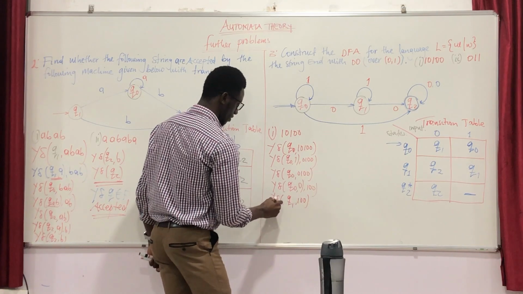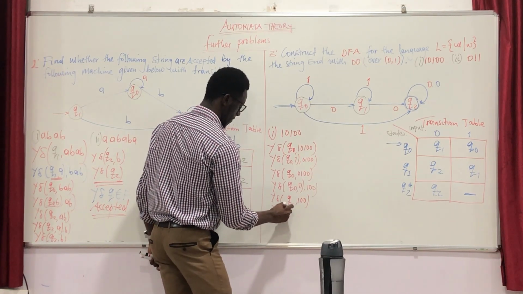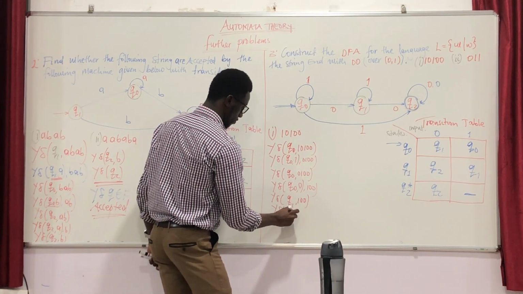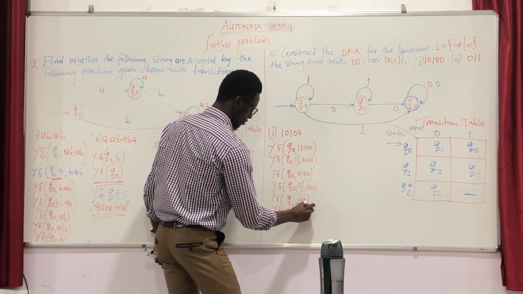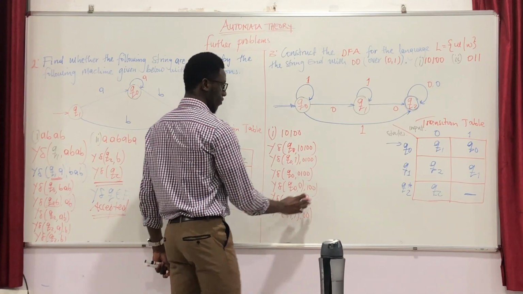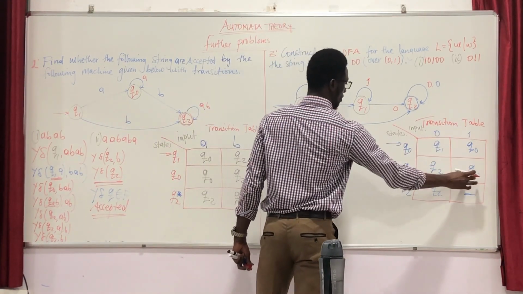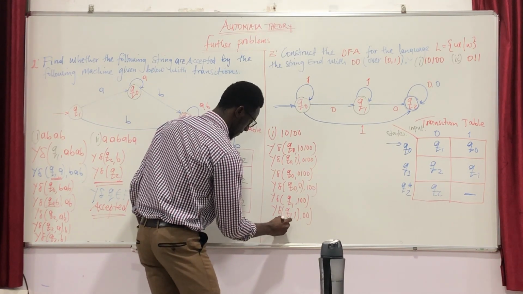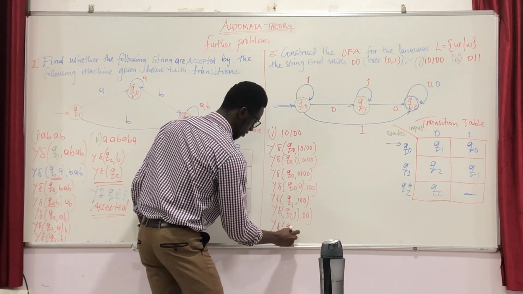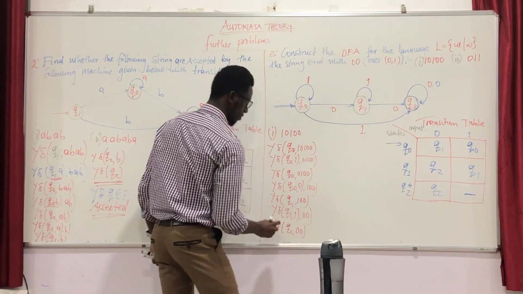Q1 on 1 is Q1, so this is Q1, comma, 0, 0.